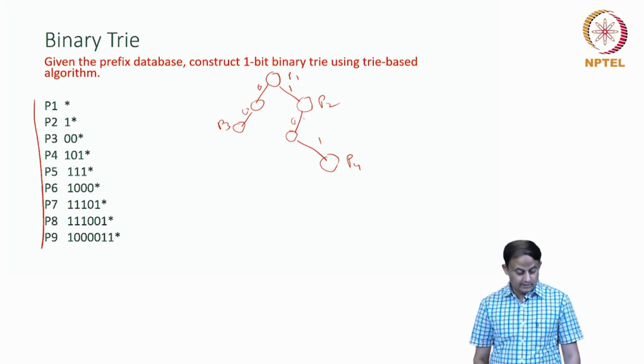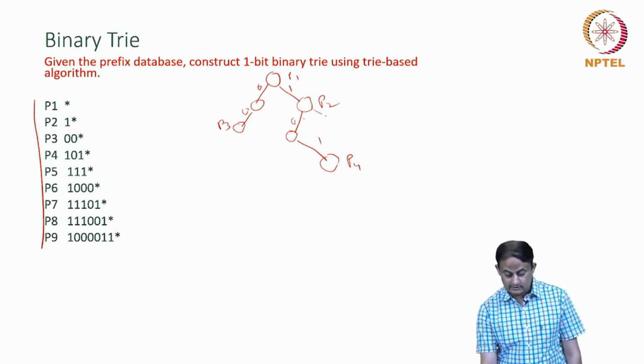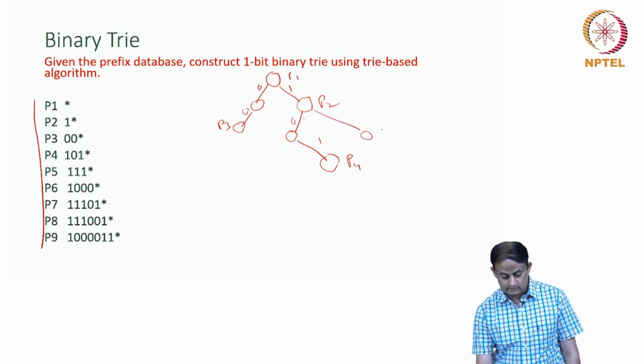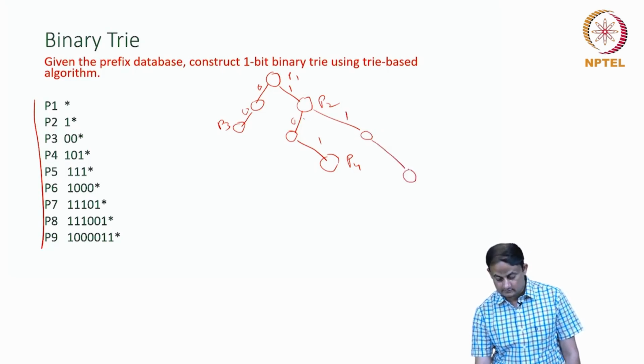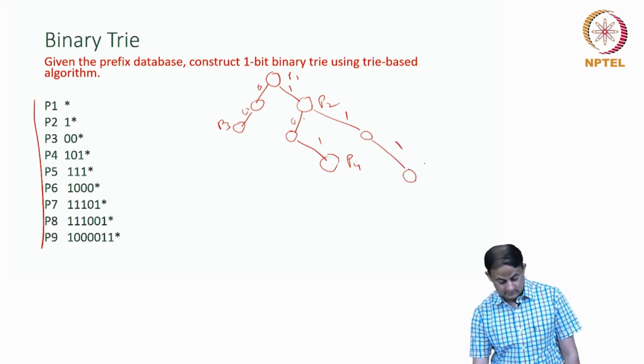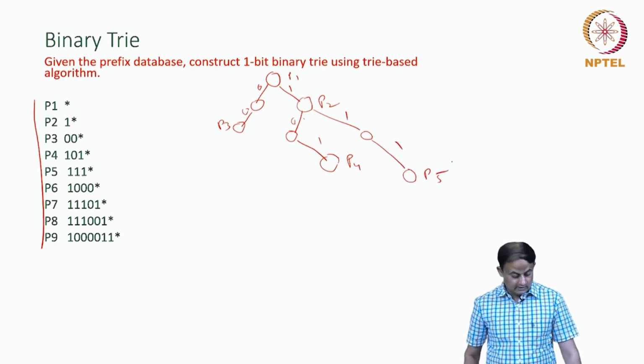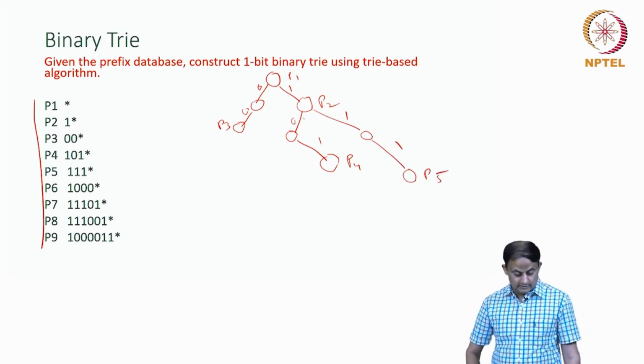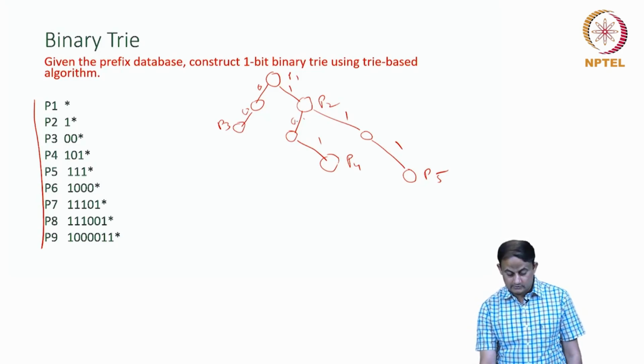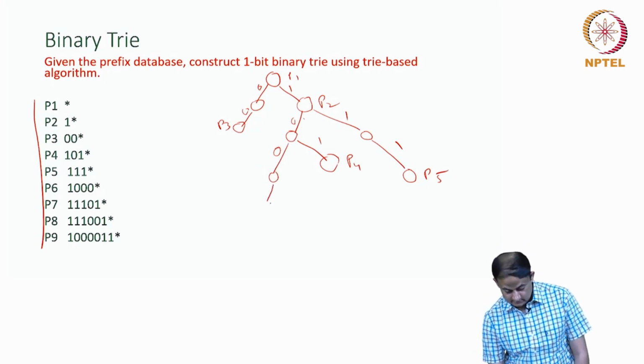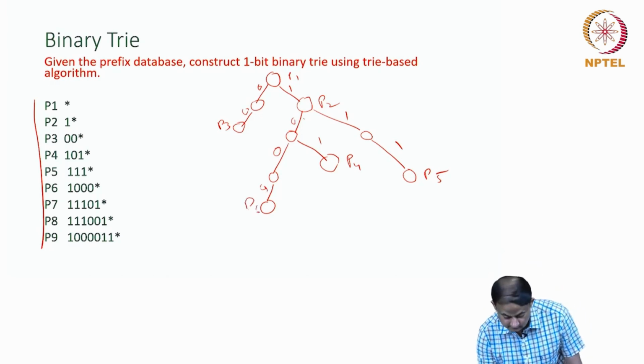P5 is 111, and the first 1 is already taken care of. So a node here for the second 1, followed by a third 1. This is my P5. P6 is 1 followed by 3 zeros. 1 followed by 1 0 is already there, then on the second 0 there is a node here, and on the third 0 there is a node here. This is my P6.